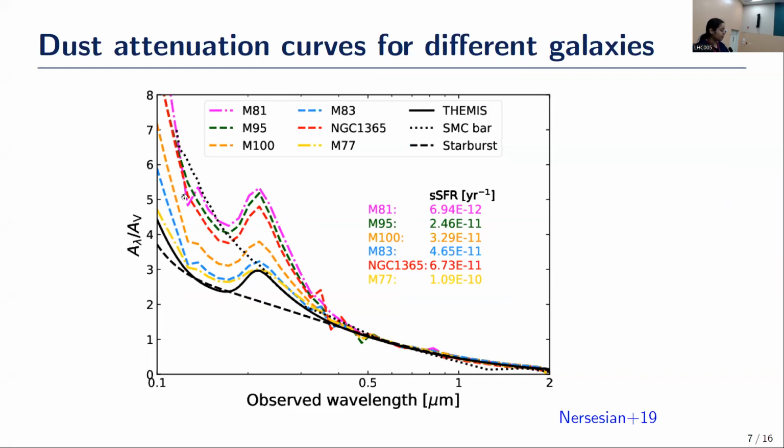So you can see that most of the attenuation happens in ultraviolet. See, here it is highest. Here these curves are highest. And then the attenuation drops as the wavelength increases. So at optical, it will be lesser. There's also a bump. And by the time it's infrared, basically, if infrared is there, it would just pass through dust, because the size of the dust is like 0.01 to 1 micron.